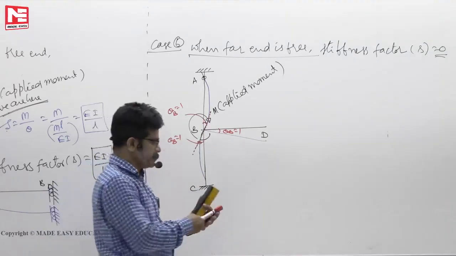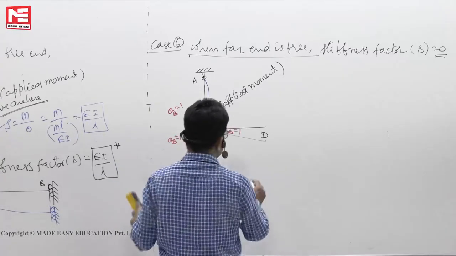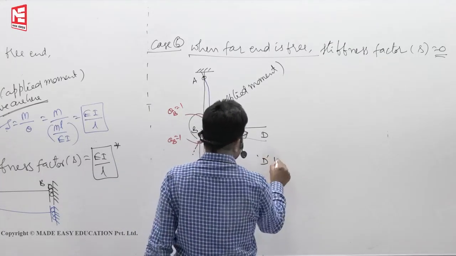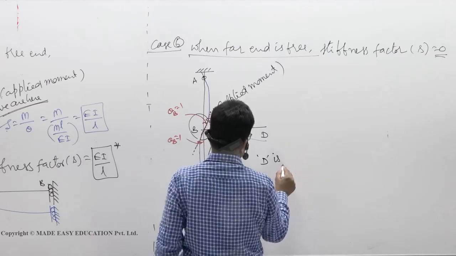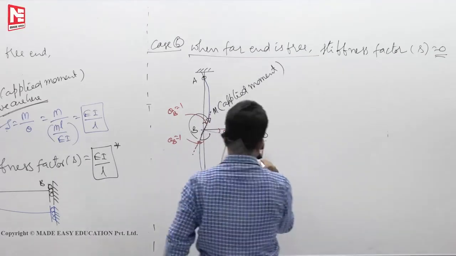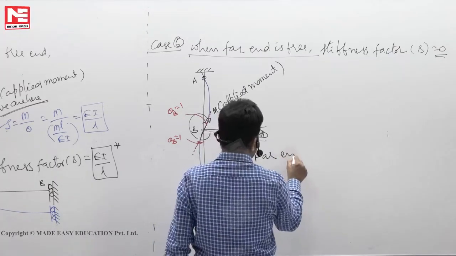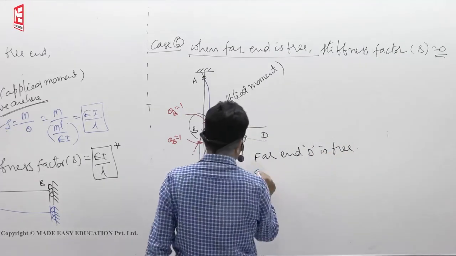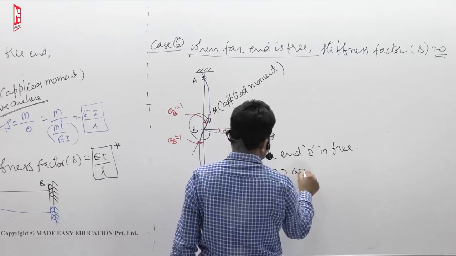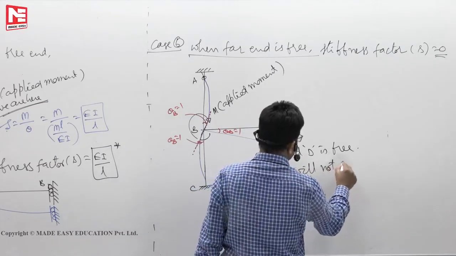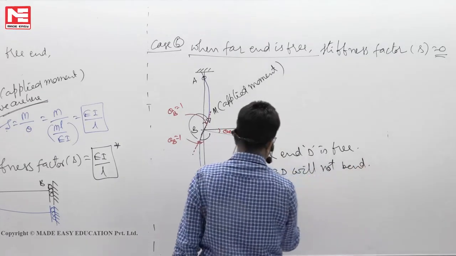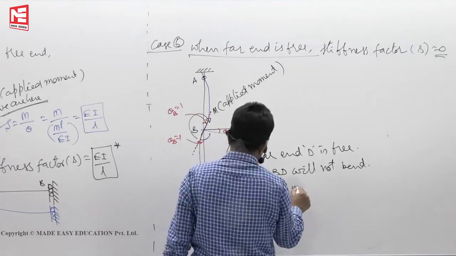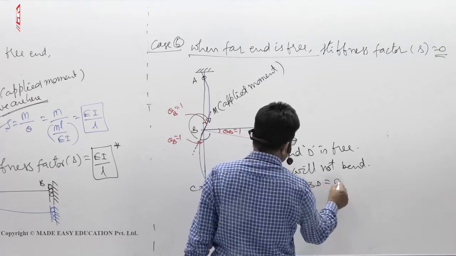Okay. So, far end D is free. So BD will not bend. That means the bending moment in BD is equal to 0.